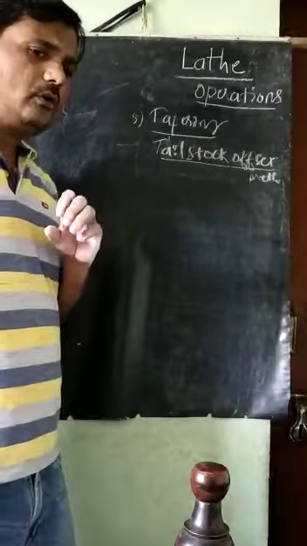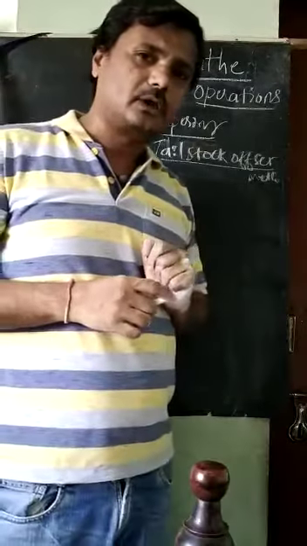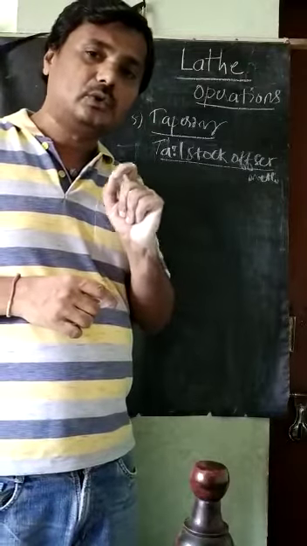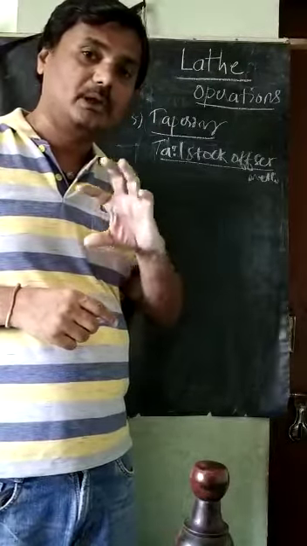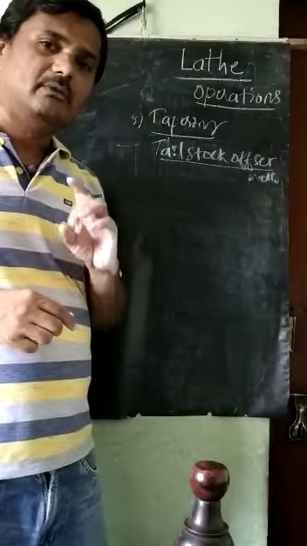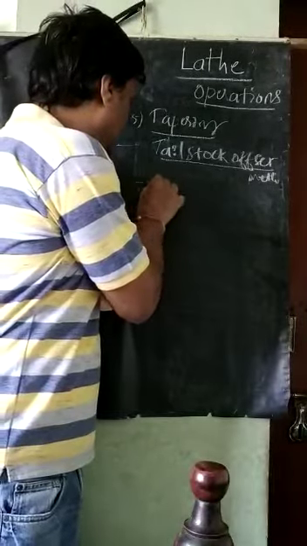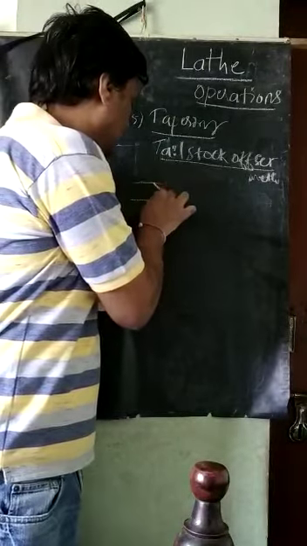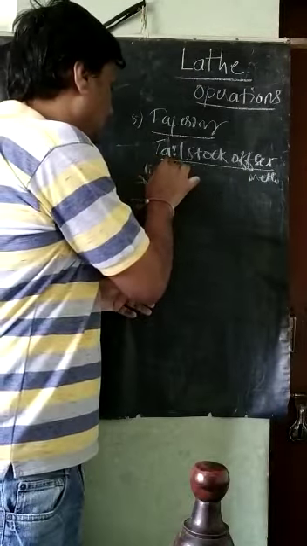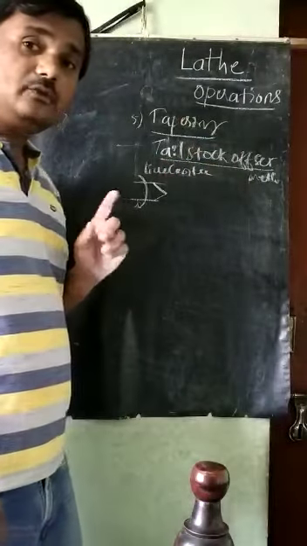What does the tail stock offset method mean? Here we have to study one thing. One is a live center, which is attached to the head stock in place of the chuck. This is the live center, and it is rotating.